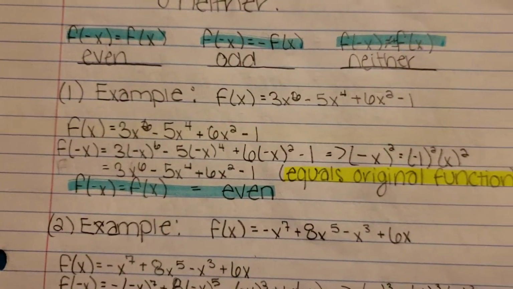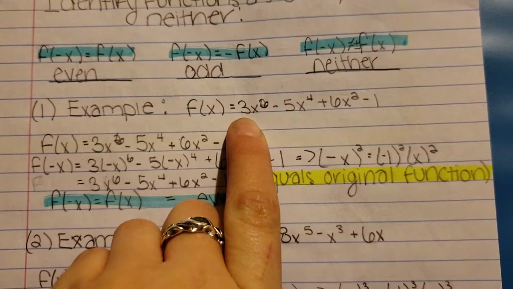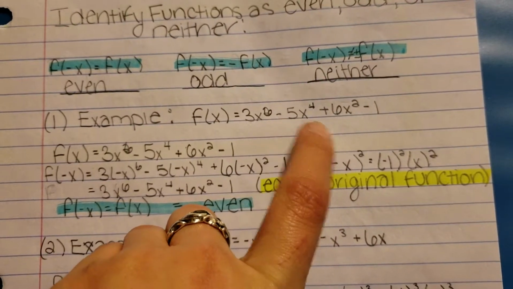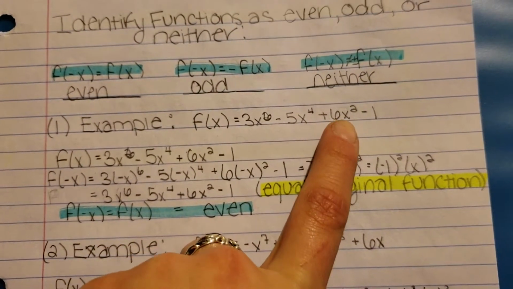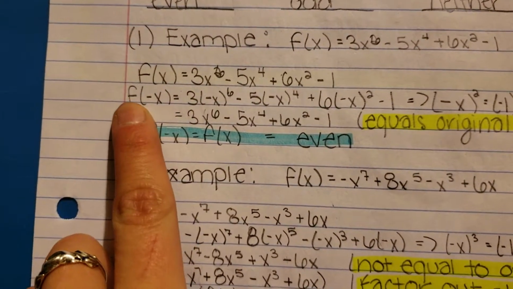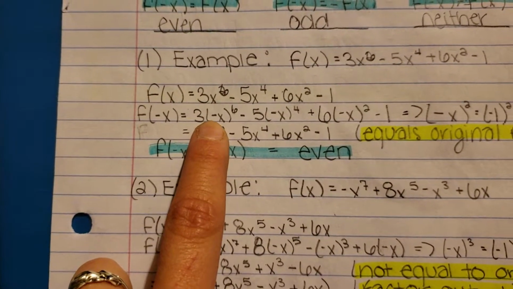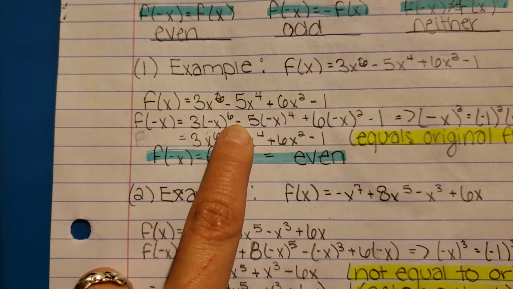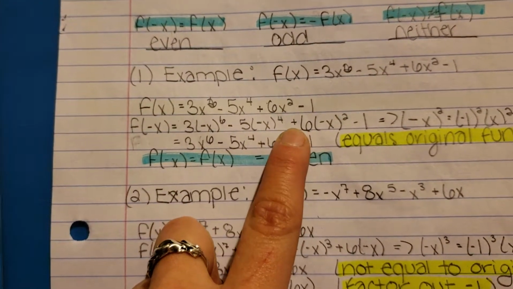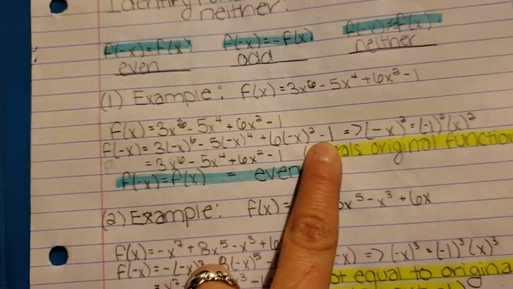The first example I'll be touching on today is f of x equals 3x to the 6th power minus 5x to the 4th power plus 6x squared minus 1. When you plug negative x into the function, you get 3 times negative x to the 6th power minus 5 times negative x to the 4th power plus 6 times negative x to the 2nd power minus 1.